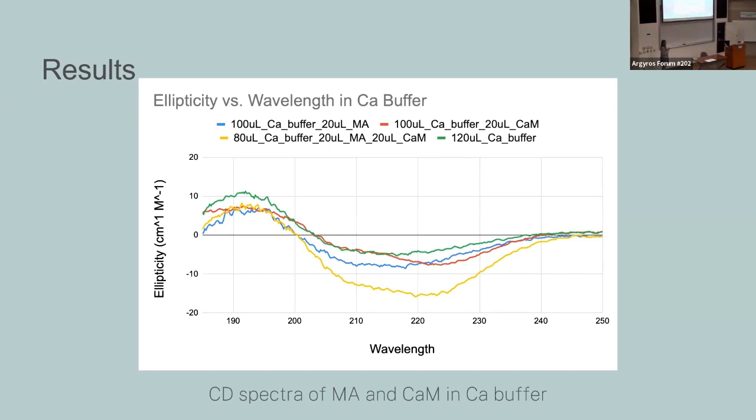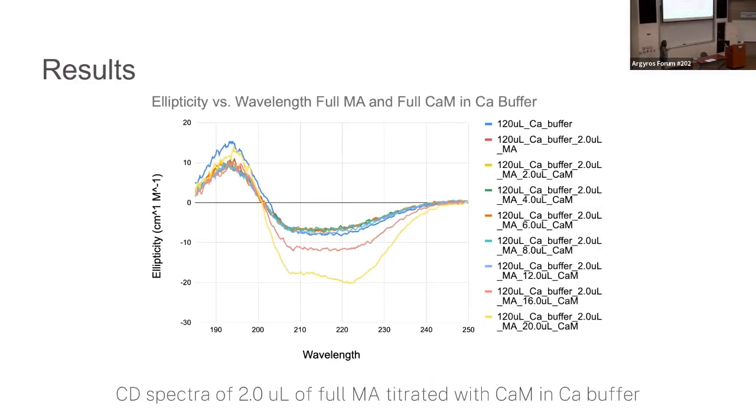So we began to run other experiments of upping the concentration of calmodulin. As you can see here, this one we titrated up to 20 microliters of calmodulin, and you can begin to see that shift that we expected to see, indicating a conformational change occurring.